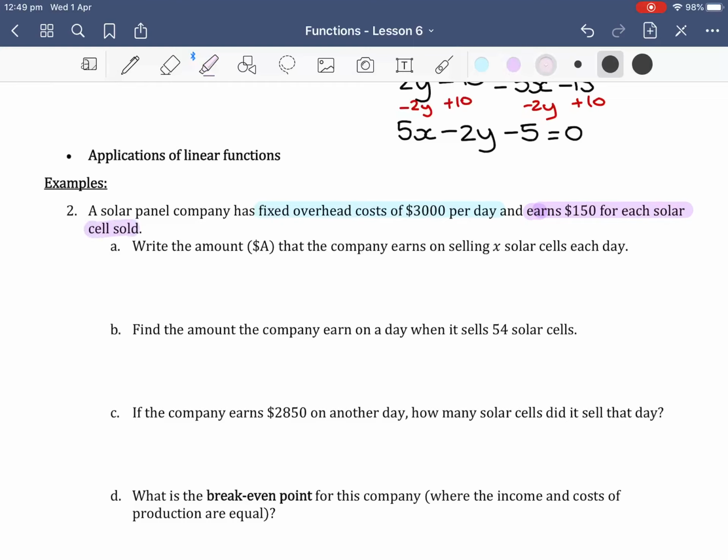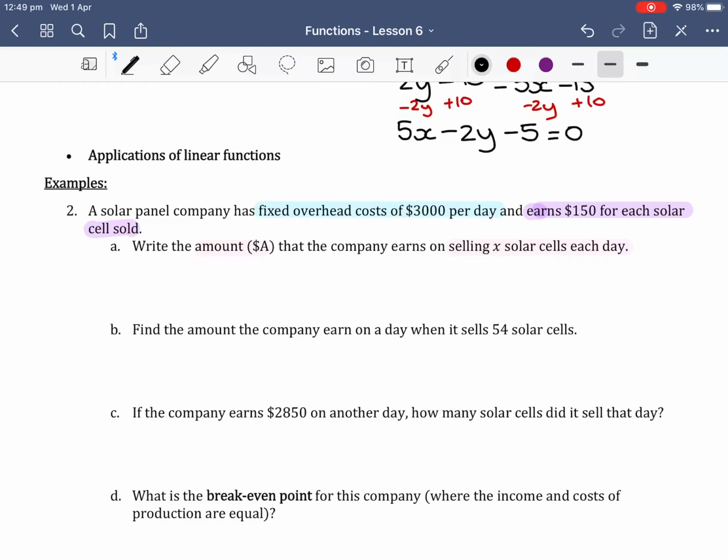What we want to do in 2A is write the amount that the company earns on selling X solar cells per day. Okay, so we want to write the amount earned selling X solar cells each day. So our equation is going to be A equals, because we're trying to find the amount. So the company earns $150 per cell.